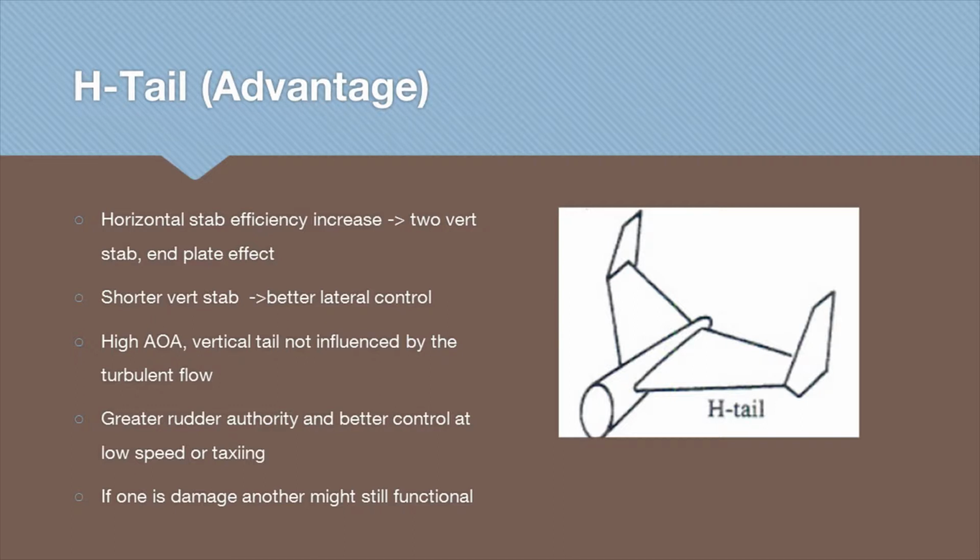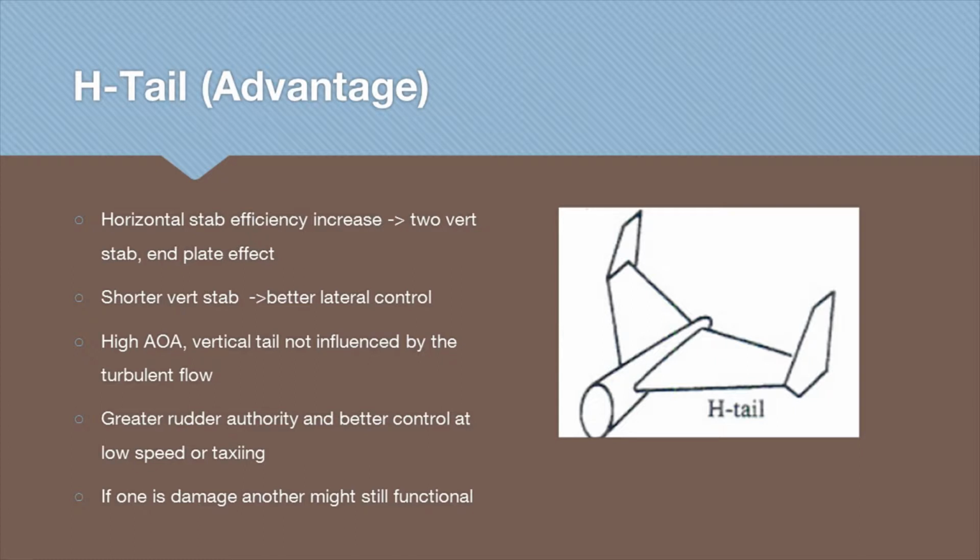The second thing is, since the vertical plate is separated into 2, a shorter plate is sufficient. Having a shorter vertical stabilizer can allow better lateral control. Also, when the aircraft is at a high angle of attack, the influence of the turbulent flow from the main wing on the vertical stabilizer will be decreased.